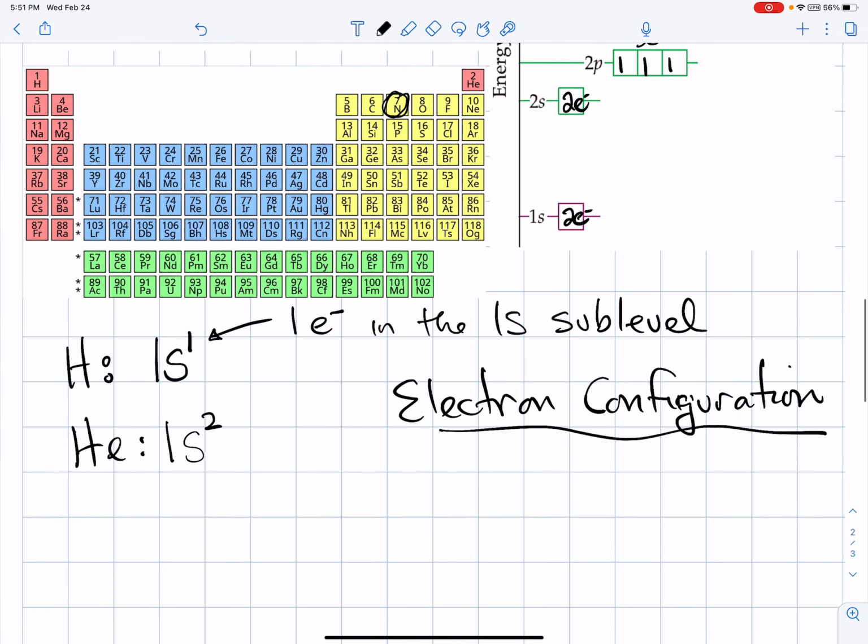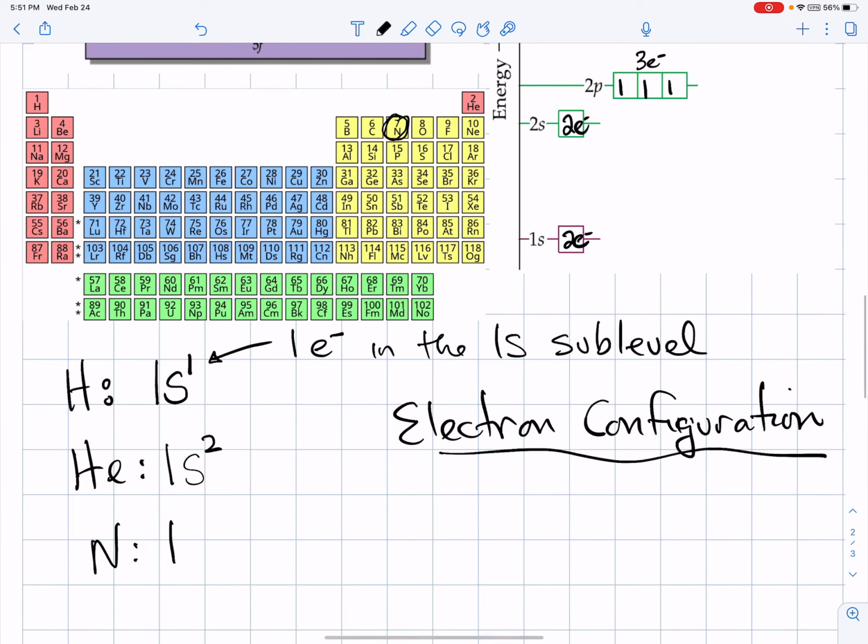So now we can say that nitrogen's electron configuration would be 1s2, because there's 2 electrons in the 1s sublevel, 2s2, there are 2 electrons in the 2s sublevel, and 2p3, there are 3 electrons in the 2p sublevel. There's the electron configuration for nitrogen.